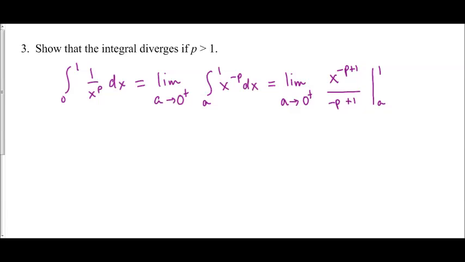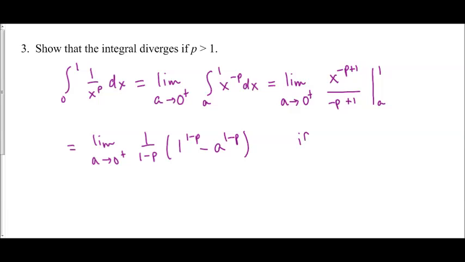So again, we're ready to substitute in our limits of integration. So I'm going to have the limit as a goes to 0 from the positive side. I'm going to pull out the constant, so that's going to give me 1 over 1 minus p. And I'm going to have 1 to the 1 minus p, and then I'm going to subtract a to the 1 minus p.